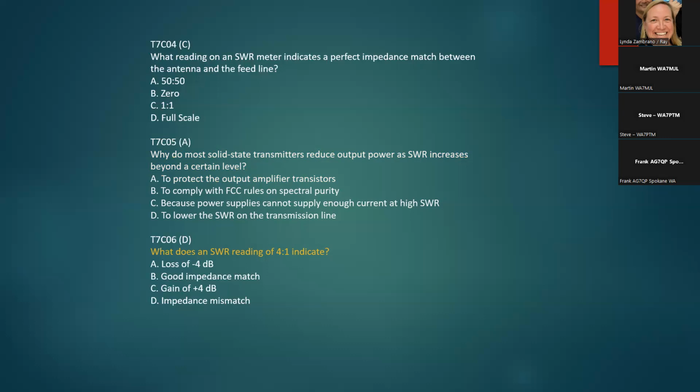What does an SWR reading of 4 to 1 indicate? It indicates a very bad impedance mismatch. Like mentioned in the previous question, it can cause serious damage to your transmitter if you operate with that kind of a mismatch for a length of time.